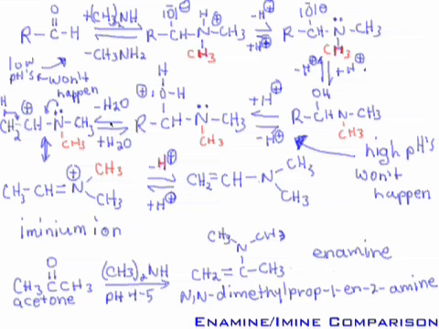Now, if I go all the way back to the imine, and I go back to just one CH3 and H2, well, why didn't we form an enamine when we had a primary amine?